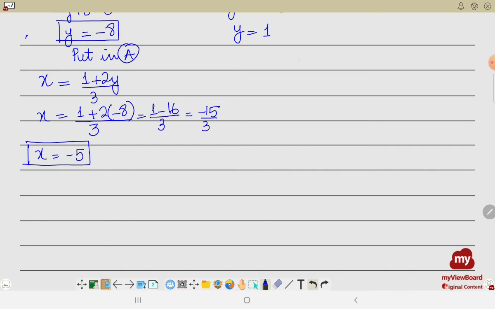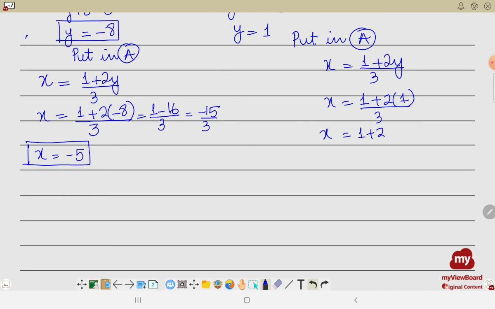Now for y equal to 1, again we'll insert this value 1 of y in equation A. So 1 plus 2y divided by 3, and instead of y we'll just insert 1. 1 plus 2 divided by 3, 3 divided by 3 equals 1, so x is equal to 1. So for y equal to 1, we get x equal to 1.